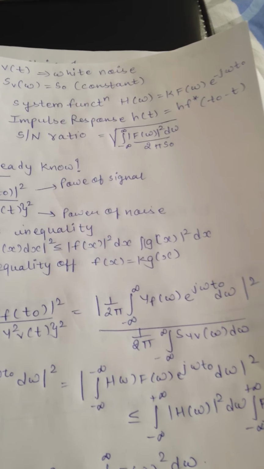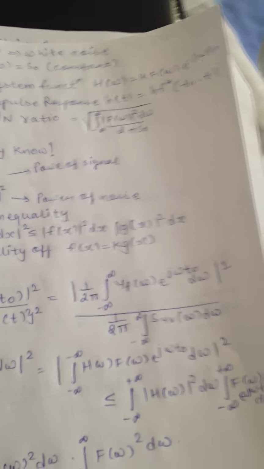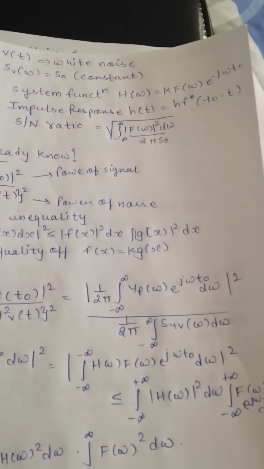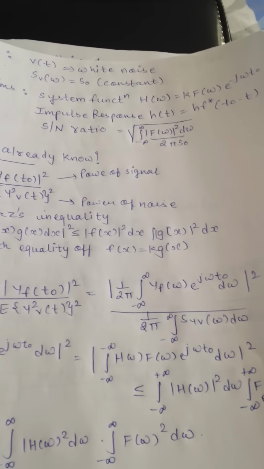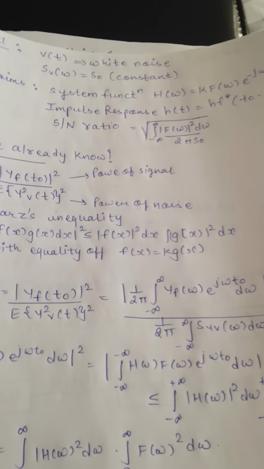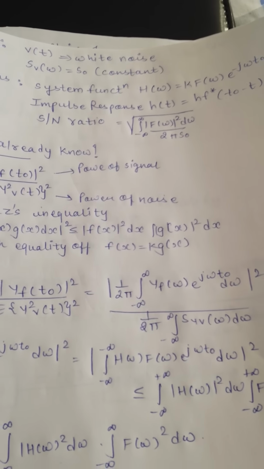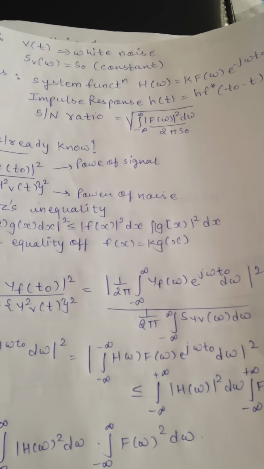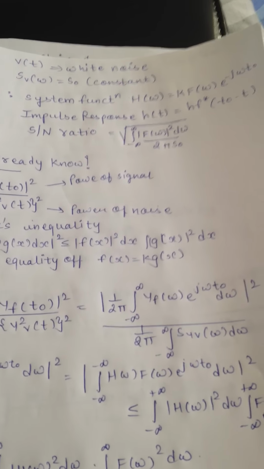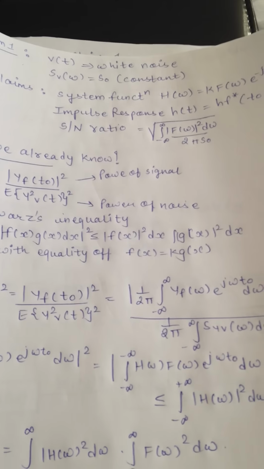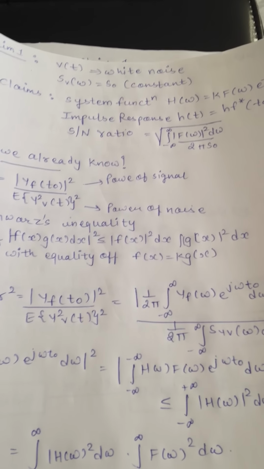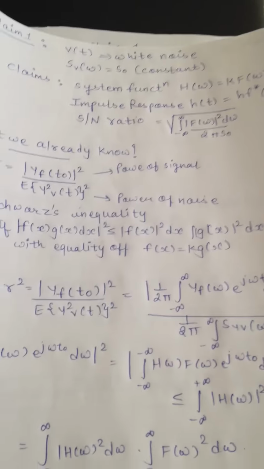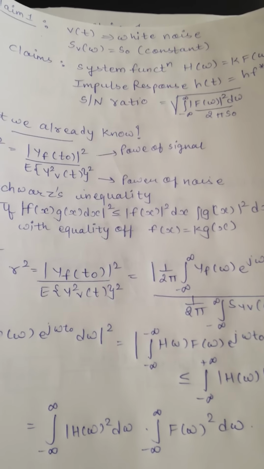The system function H of w should be equal to K F of w e raised to minus j w t0. The second: the impulse response should be h of t equal to h inverse of t0 minus t. And the signal to noise ratio should be the square root of the integration from minus infinity to infinity of F of w square dw upon 2 pi S0.